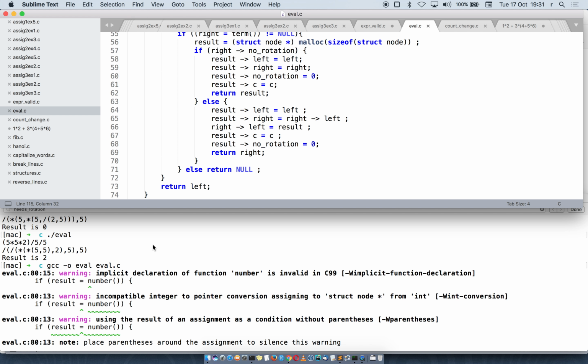Where is it? Oh, here. Yeah, num is not good either. Okay. Integer.